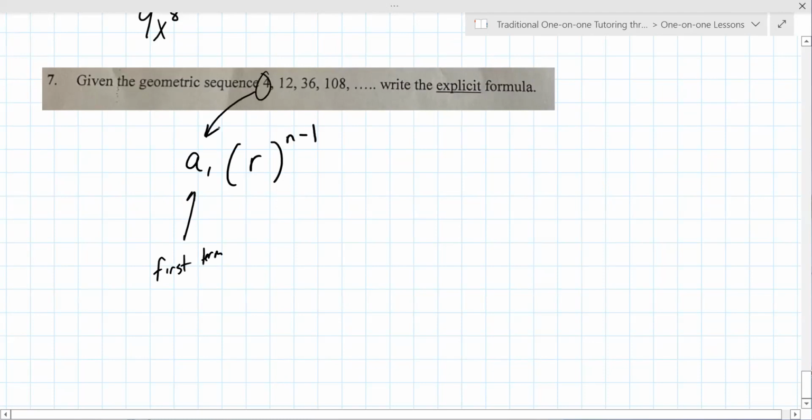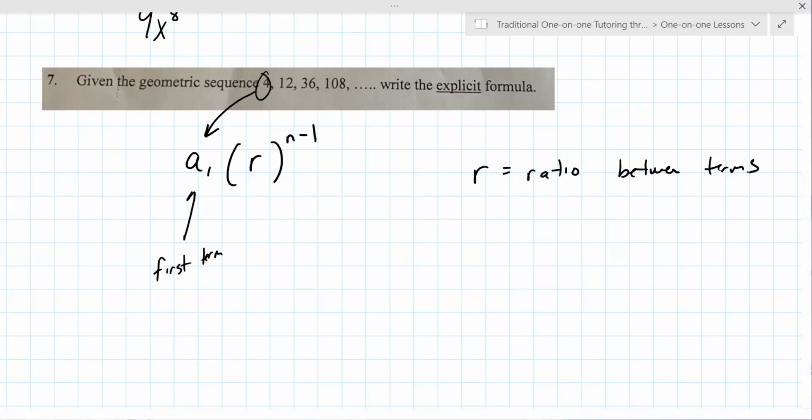Do you remember how we found r when we did problems like this? It's the ratio between terms, which may not mean much at this point, but ratio means division.